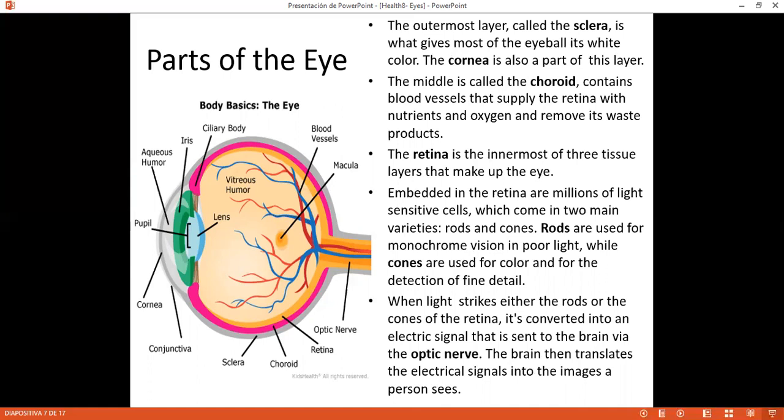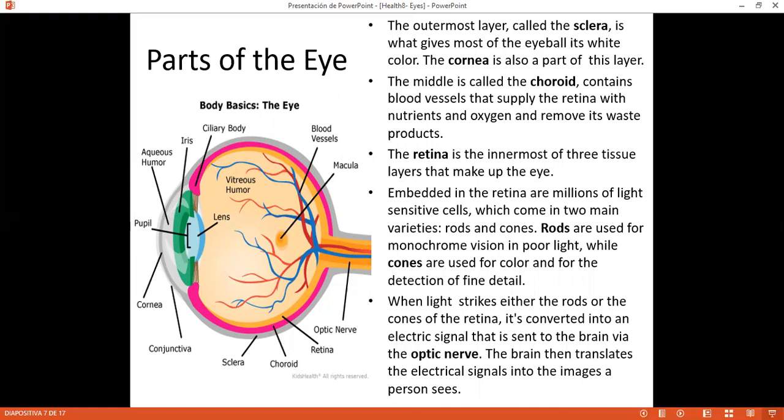It is divided into two varieties of sensitive cells. Ones are called the rods, which are used for monochrome vision, that means only one color, and poor light when there's not much light.